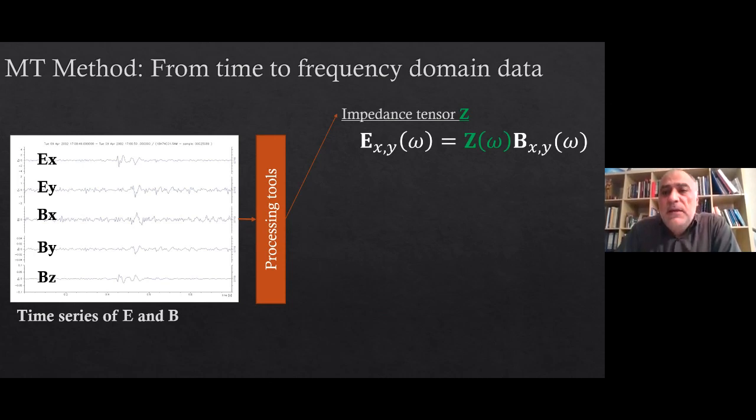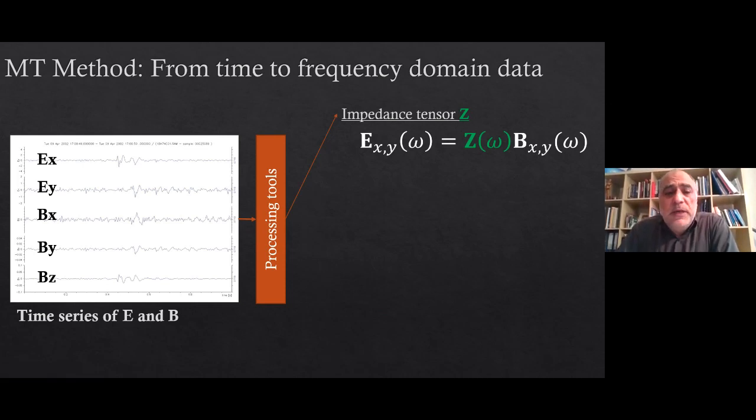It is nothing else than a ratio between the horizontal component of the electric field and the horizontal component of the magnetic field. This impedance tensor carries the information about the electrical conductivity of the subsurface. And as you can see here, all components in this equation are a function of period. So at each period, we will get some component like this one here, the impedance tensor.